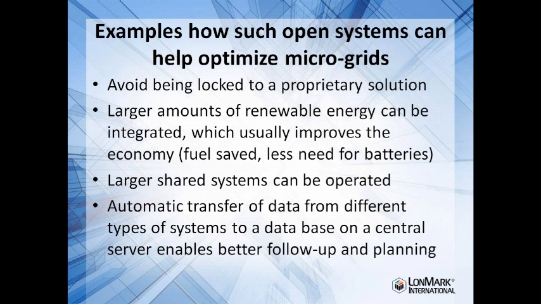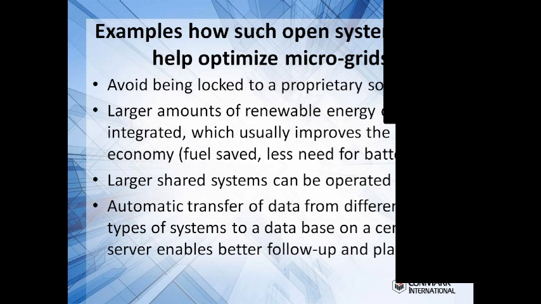With an open system, you are free to make your own decisions in another way. And also, larger amounts of renewable energy can be integrated, which usually improves the economy, because fuel is saved and less need for batteries. This point might need some explanation.